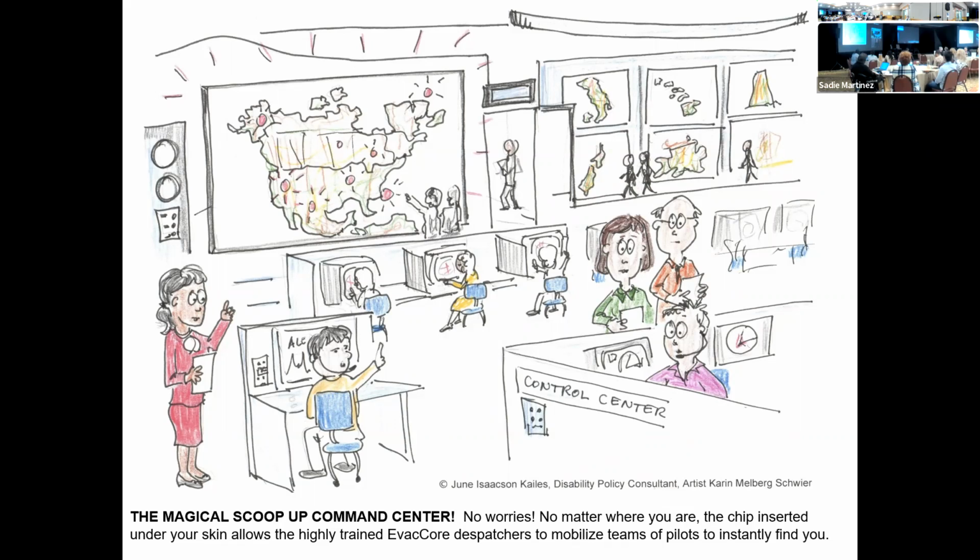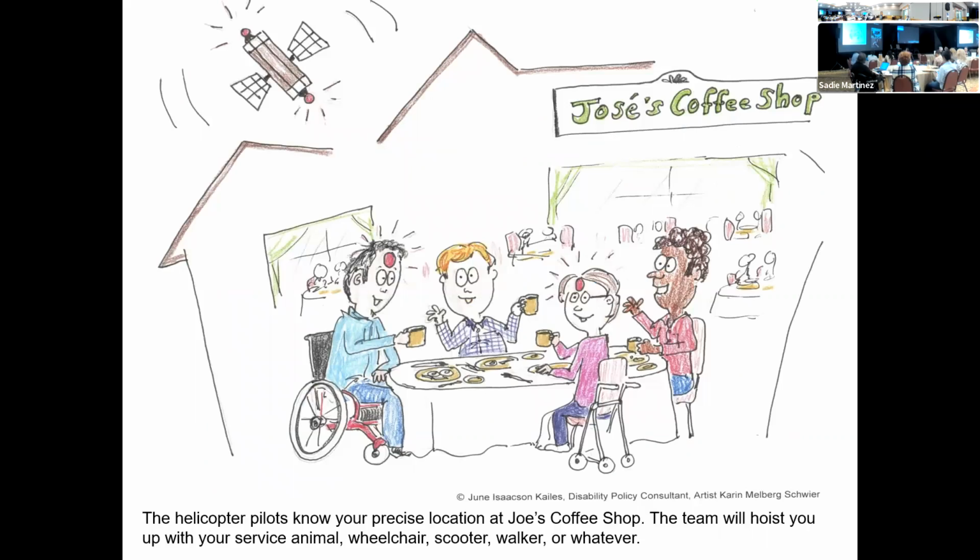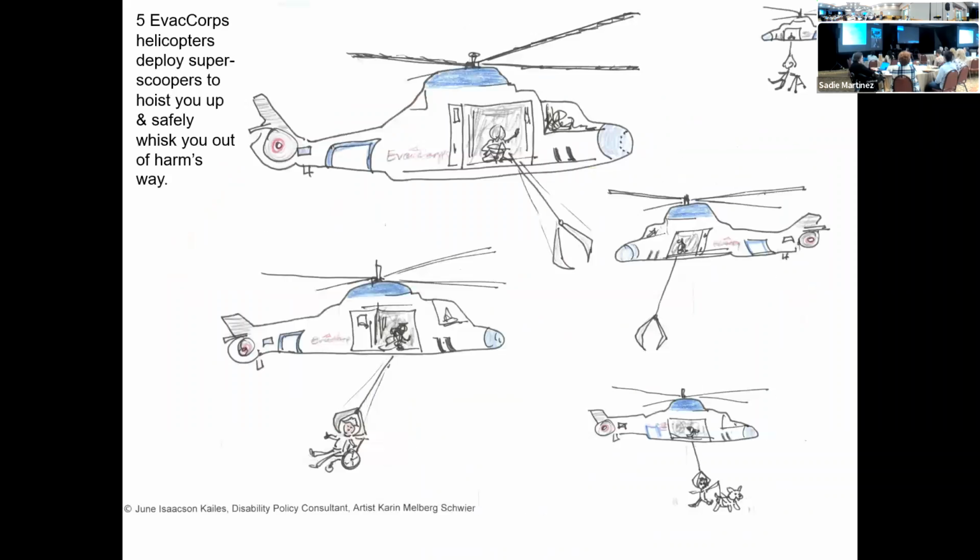For example, the helicopter pilots know your precise location. Today at Joe's Coffee Shop, the team will hoist you up with your service animal, your wheelchair, your scooter, your walker, or whatever. And here you go. Helicopters deploy super scoopers to hoist you up safely and whisk you out of harm's way.